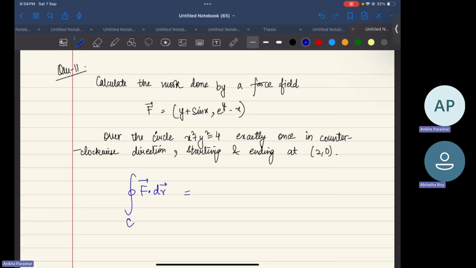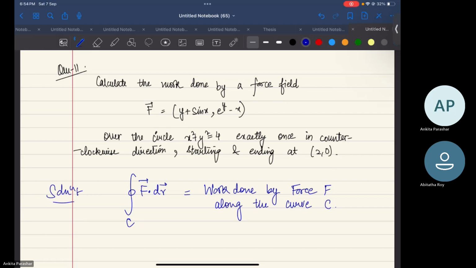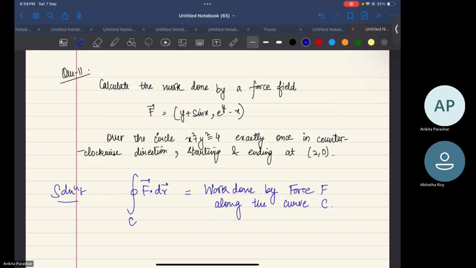And the geometric meaning is the work done by force F along the curve C. Is that okay?